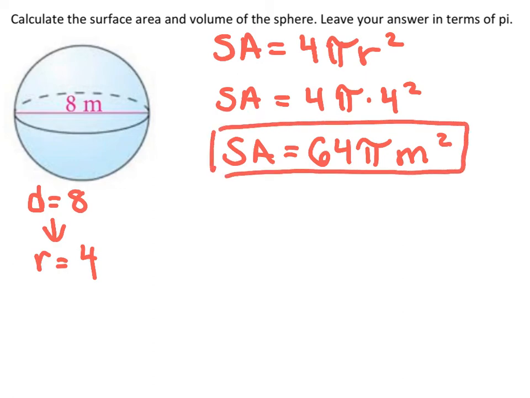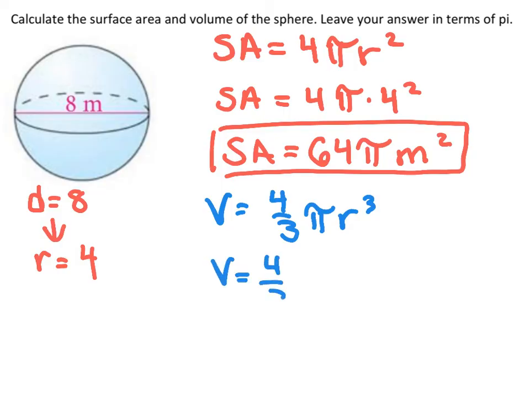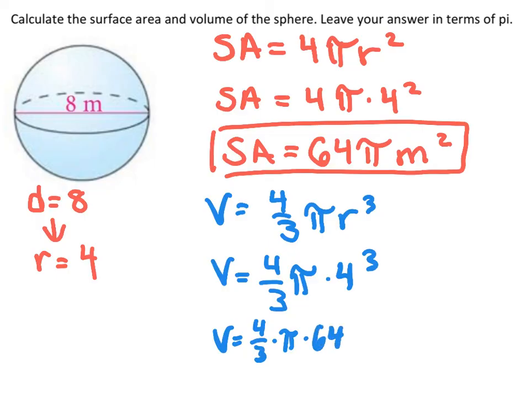The volume is 4/3 pi r cubed. So volume equals 4/3 pi times that radius of 4 to the third power. If I simplify 4 to the third first, we get volume is 4/3 times pi times 64.